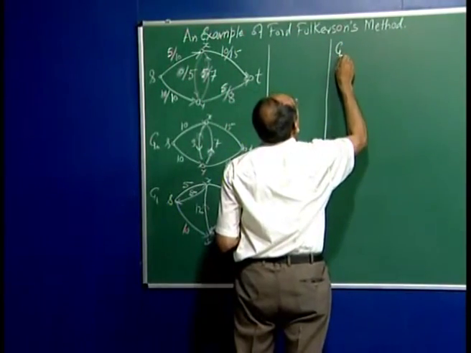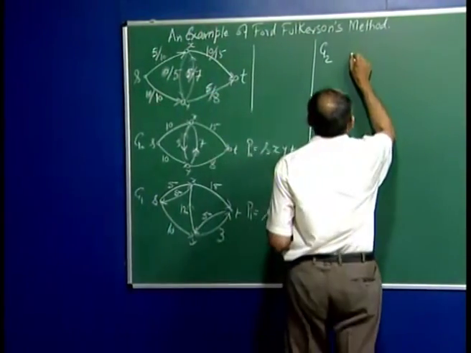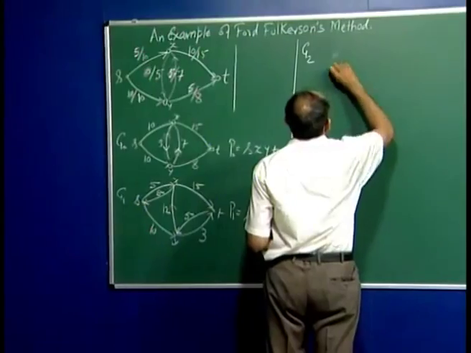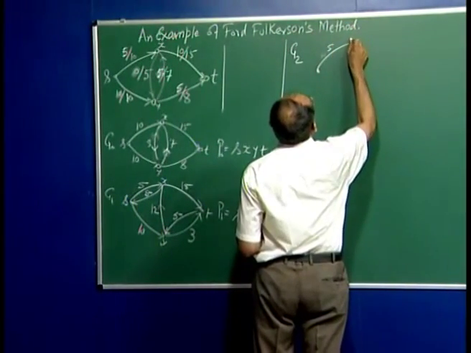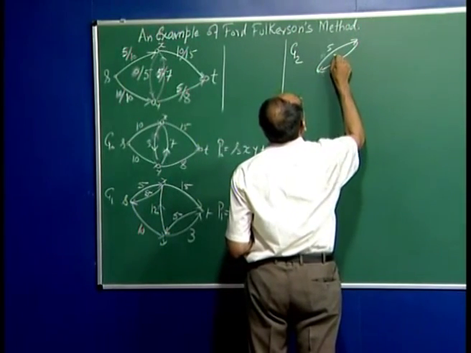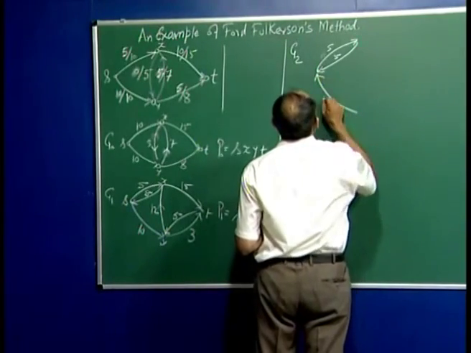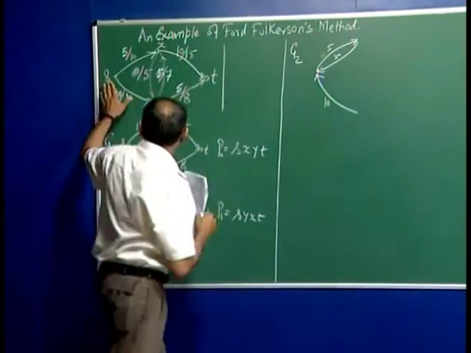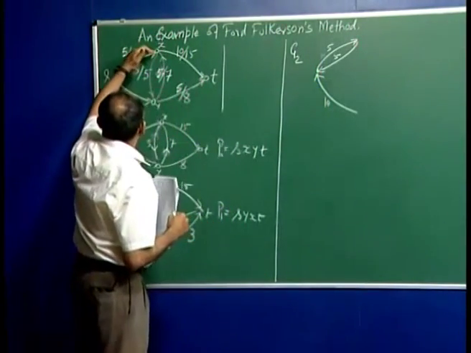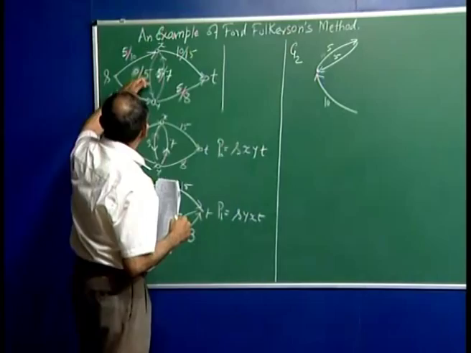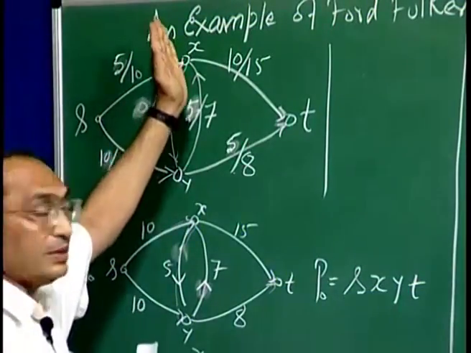The new residual graph will have still a 5 capacity edge this way and a 5 capacity edge this way. This time there is a 10 capacity because this is saturated this way. Now we have a total capacity this way of 10 units and 2 units this way.